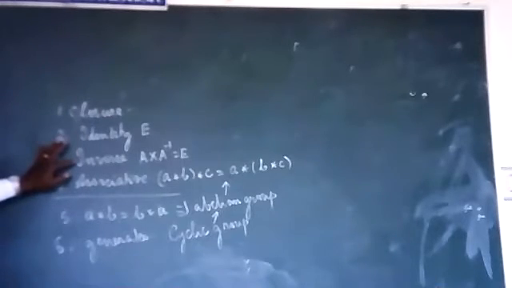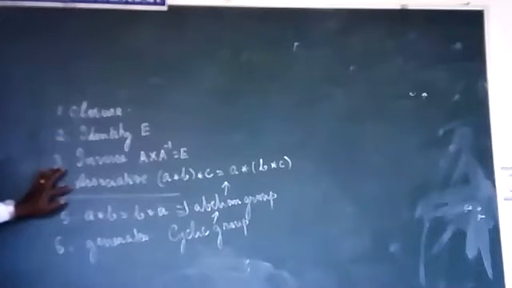If it is visible clearly, you can take down. So the first rule, closure property. Second one, the existence of the identity element in the group. Third one, the existence of inverse element of all the elements in the group. And the fourth property is that the function should be associative.